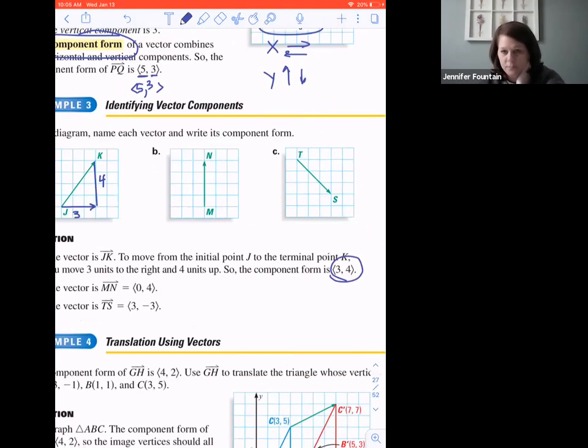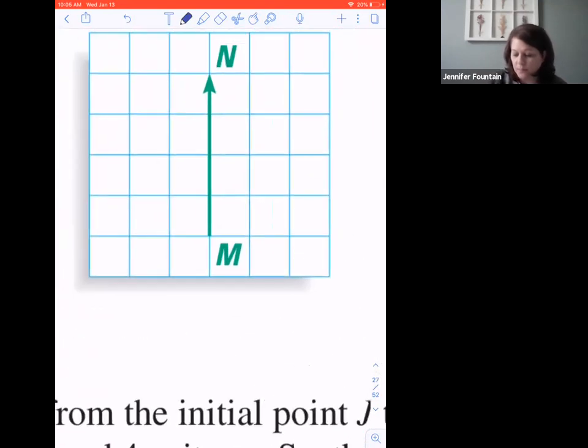For letter B, now look at B. Notice that I have a vertical vector. Now here, when I've got my vertical vector, instead of turning it into a triangle, it's actually going to become a horizontal. When I look, notice that I don't have anywhere that I can go side to side.